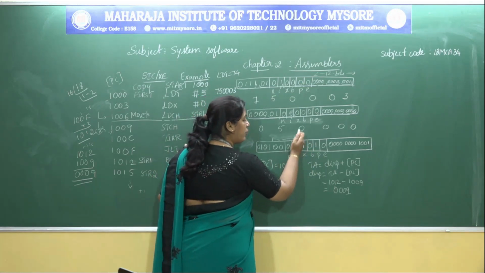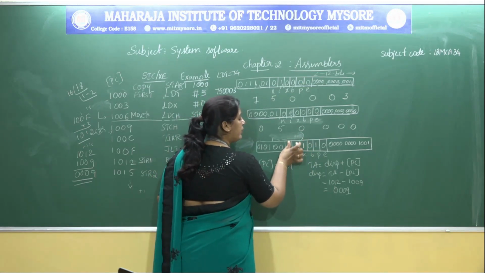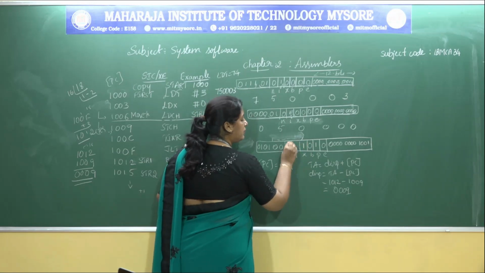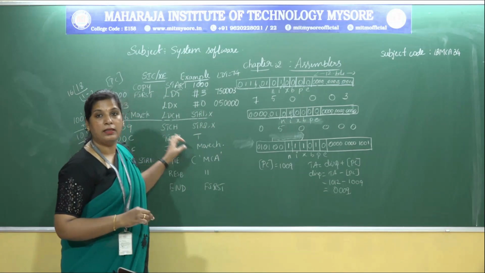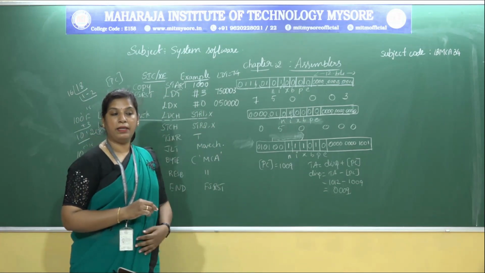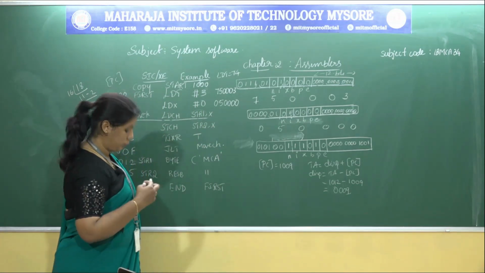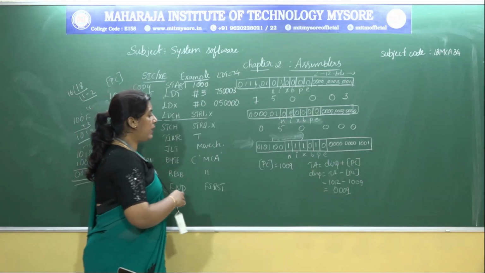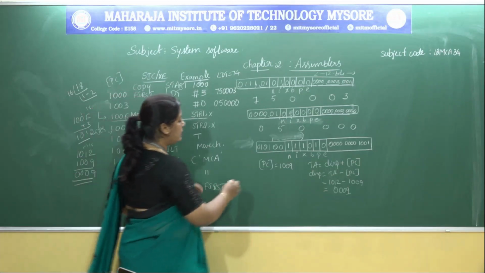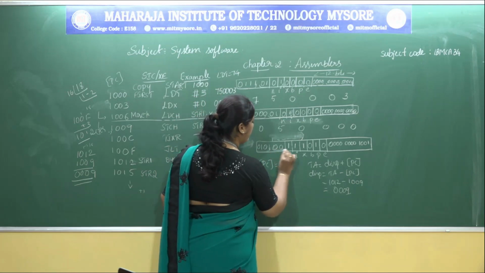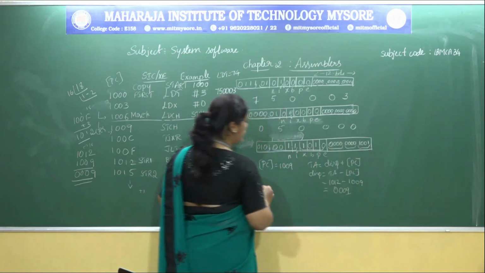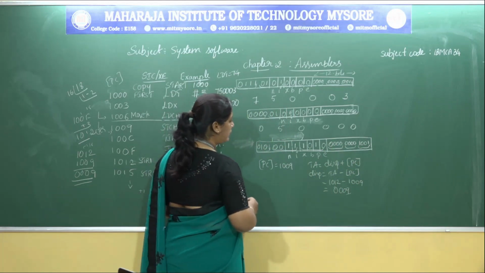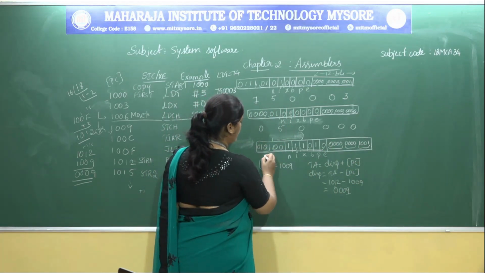Since this is direct addressing mode with the index register, we have to set the n bit and i bit as 1. Now we group those bits, then we get the object code for that. So what is the object code?